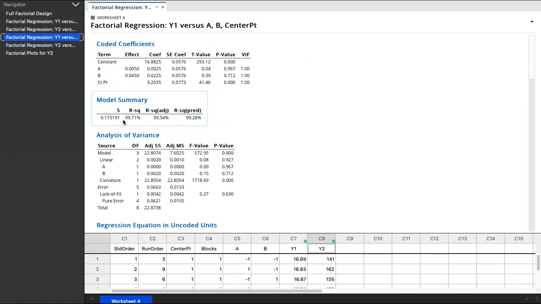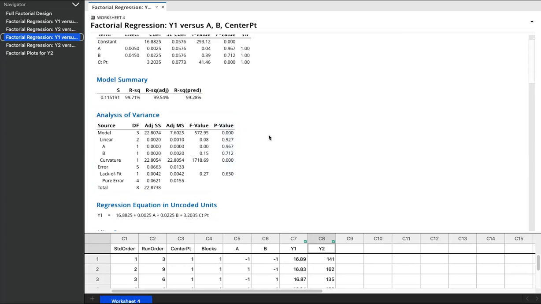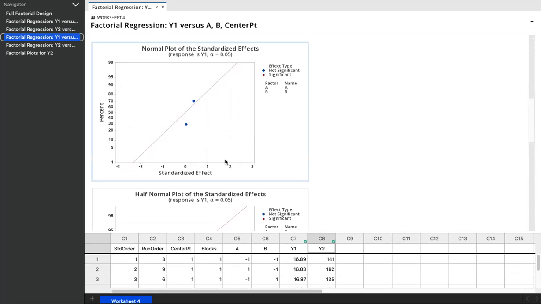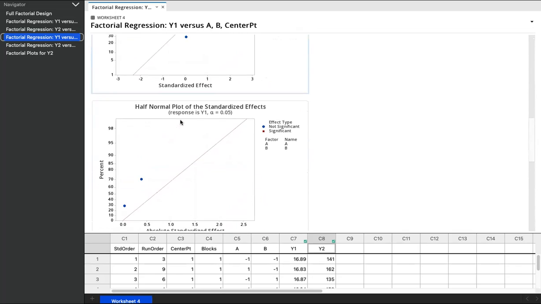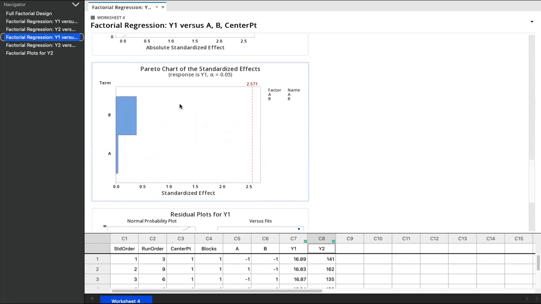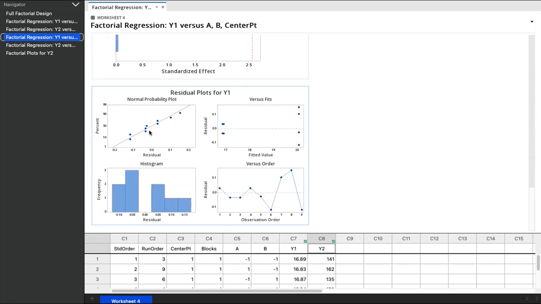So also in the other response we have 99.71% on R square. It is a very high R square. We can see that here A and B are not significant. They are not significant, and we can see a linear behavior, but it seems kind of weird.